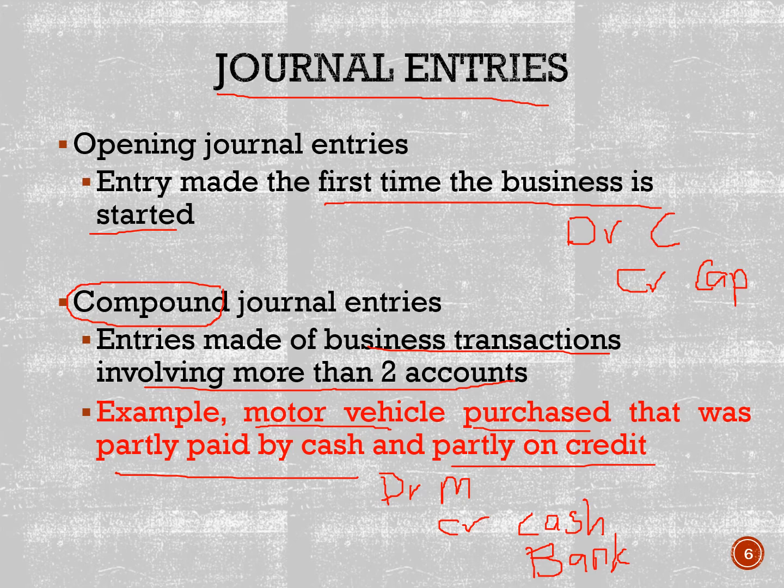So this one debit motor vehicles, credit cash or bank. Ni kita call as compound journal entries sebab the entries involve more than 2 accounts. This one for opening, we call as opening journal entry sebab first time business nak buka company atau buka business.